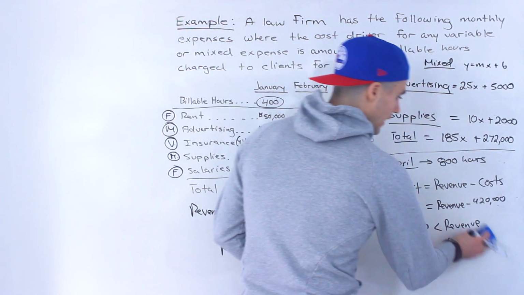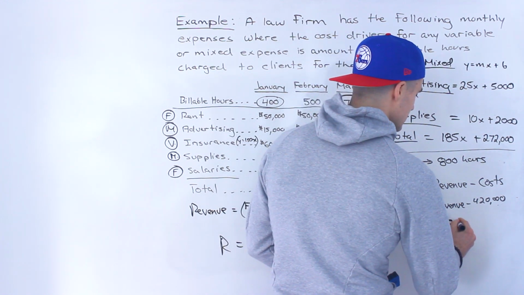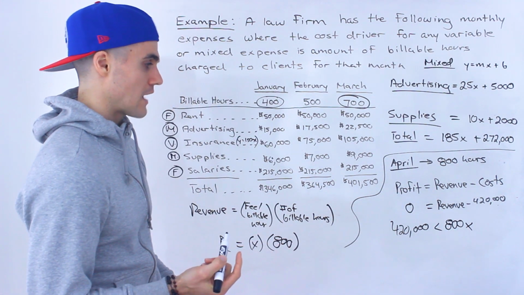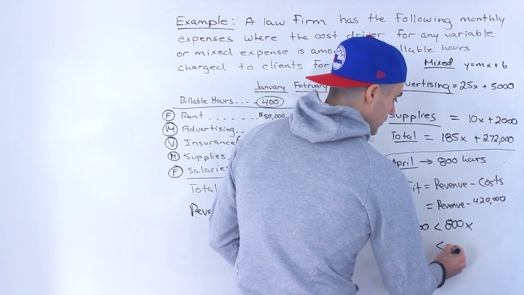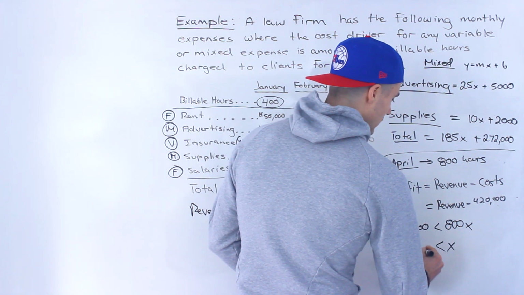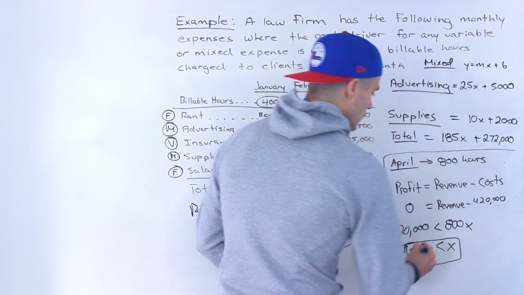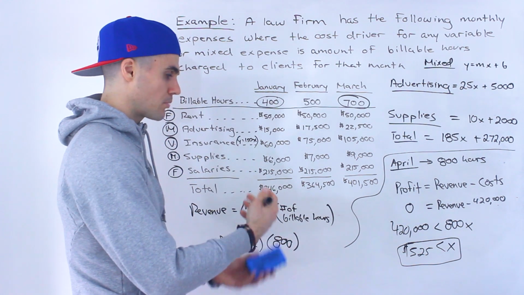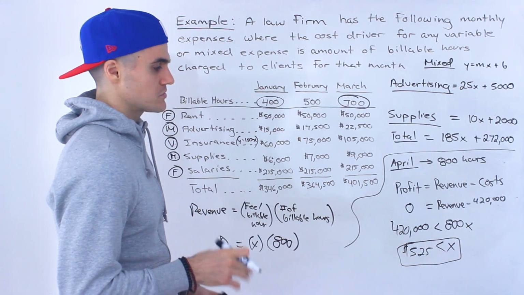And so what we're figuring out is basically when is 800X greater than 420,000? And so when we divide both sides by the 800, basically X has to be greater than $525. So $525 is the minimum amount that has to be charged per billable hour in order for the firm to be profitable.